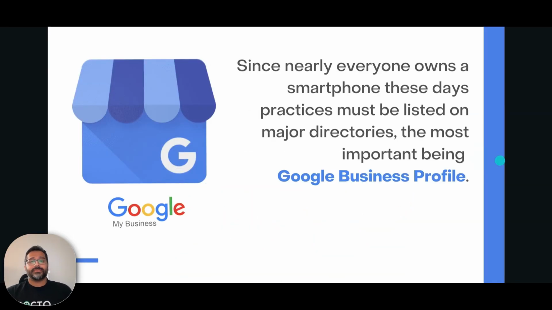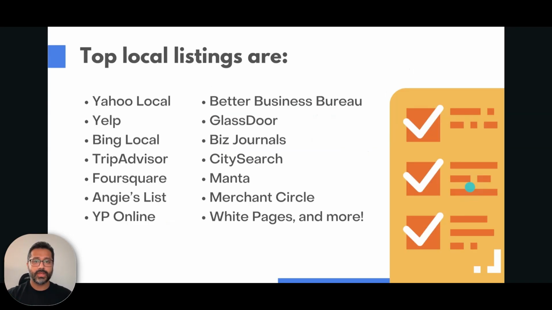Okay? Now, because nearly everyone owns a smartphone, practices need to capitalize on managing their listings on as many major directories as possible for local SEO optimization. And the most important major online directory is Google Business Profile. You might have formerly known it as Google My Business.